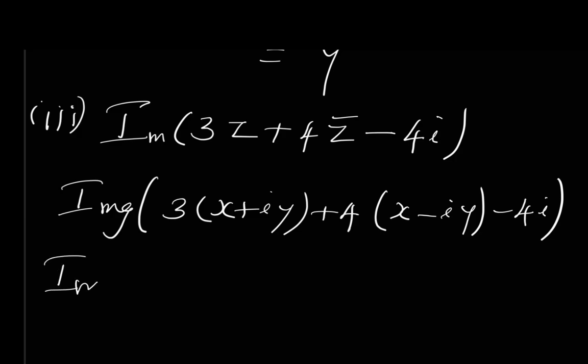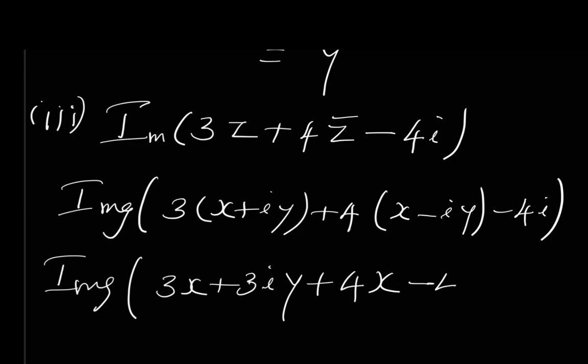So imaginary of 3x plus 3iy plus 4x minus 4iy minus 4i. Just I remove the bracket here.